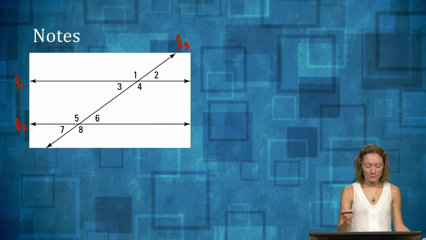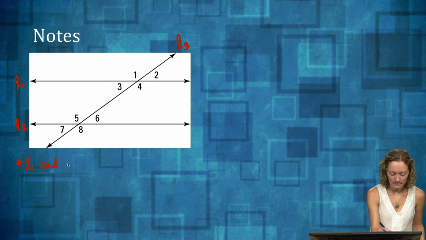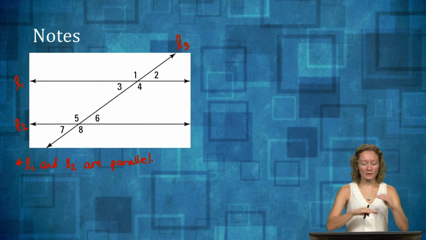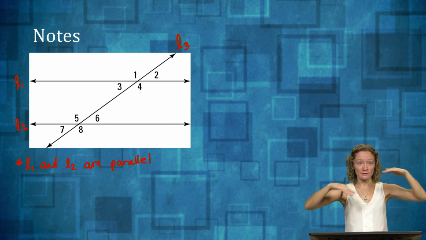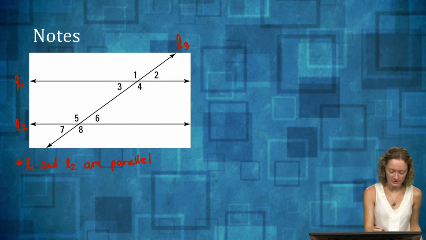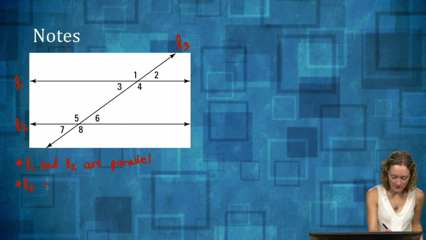Now, all the notes that we're about to list, they only make sense if I put this in place, that L1 and L2 are parallel. You remember, parallel means they run the same distance apart from each other forever and ever in both directions. They will never intersect. And then L3 is called a transversal.